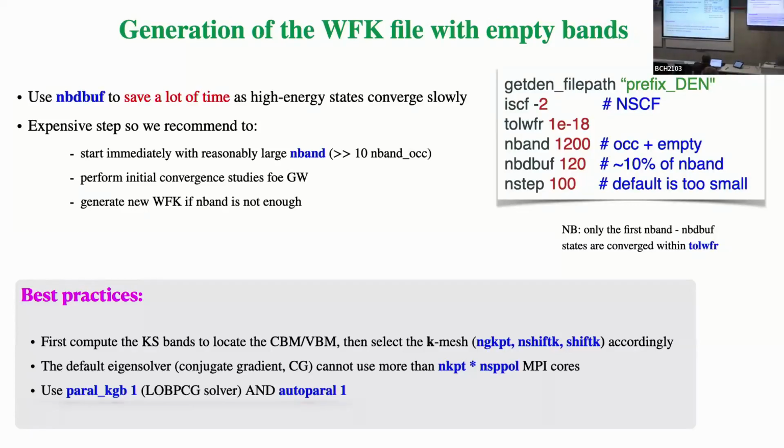So I would suggest to use usually 10% of nband, to avoid problems when diagonalizing, when computing the eigenstates for the GW calculation.